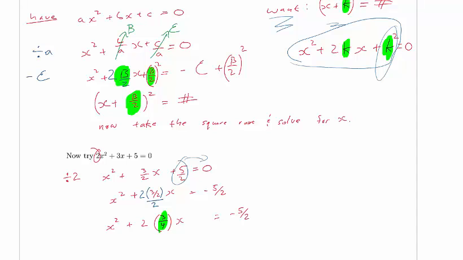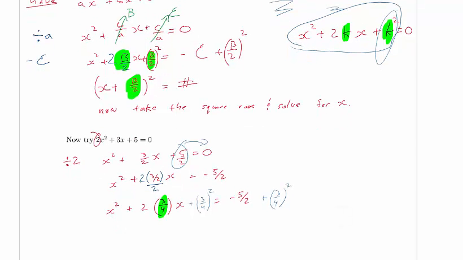Okay, so note that we've got our number right there. That's what we need to use to complete the square. So we add this number to both sides, and keep in mind we don't just add it, we add the square of it like that.